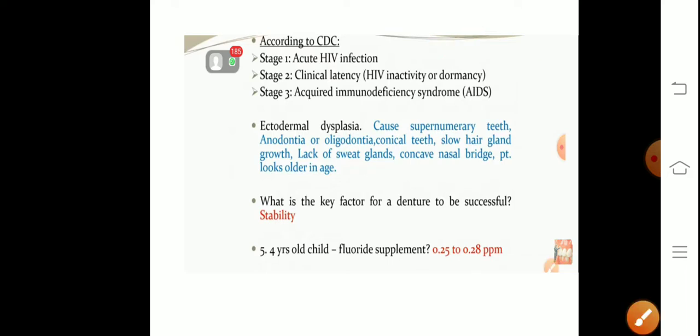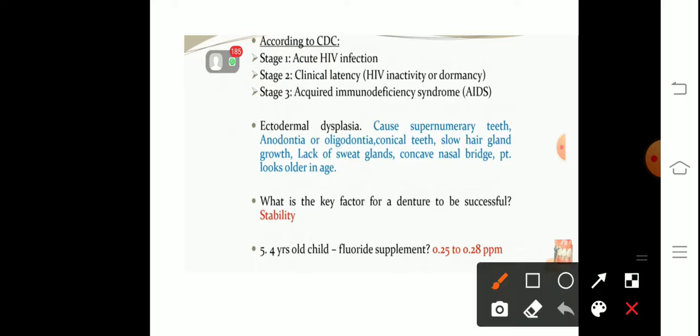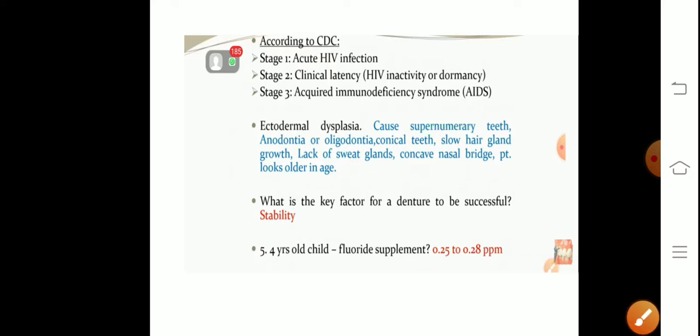Next, the important one is ectodermal dysplasia. What are the features that you will see in ectodermal dysplasia? It shows supernumerary teeth, anodontia, oligodontia, conical teeth, slow hair growth, lack of sweat glands, and a concave nasal bridge. Ectodermal dysplasia, what are the important features?